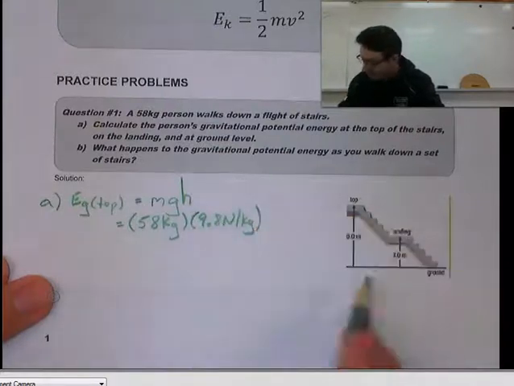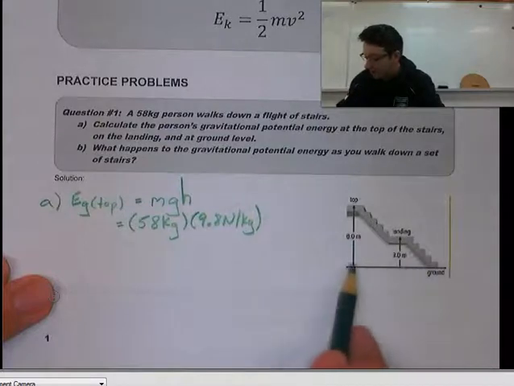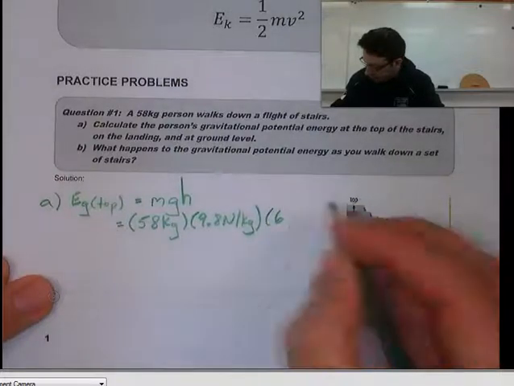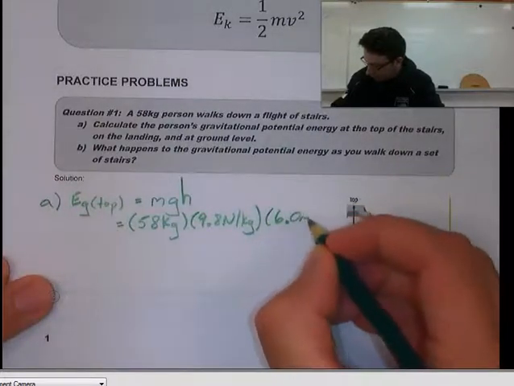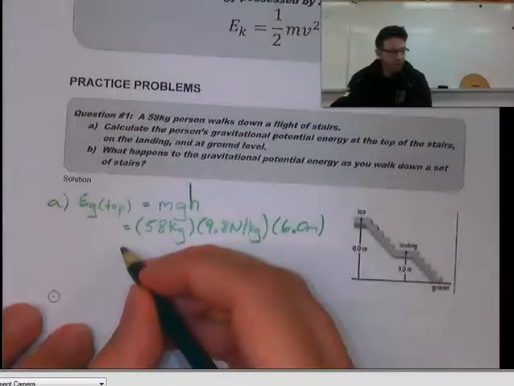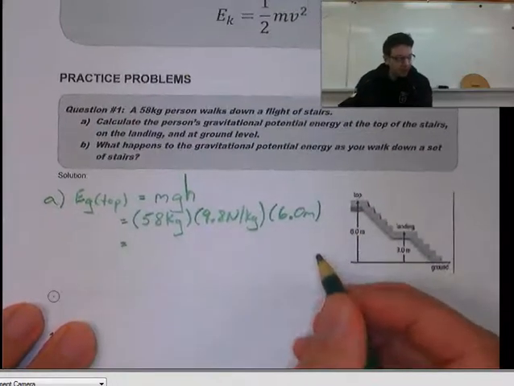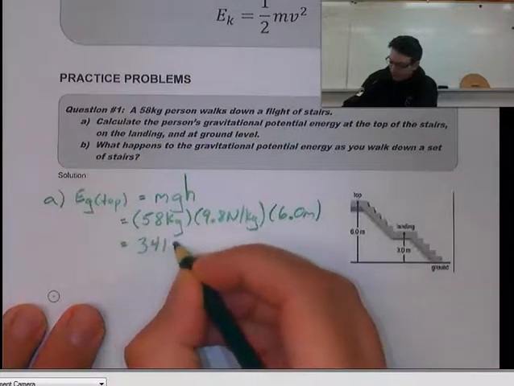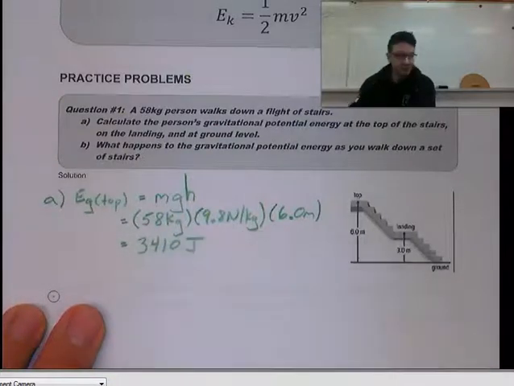And our height in this case, from the ground, our ground will be our reference level, is 6 meters. So 6 meters. Okay, and we put that into our calculator, we get 3,410 joules.